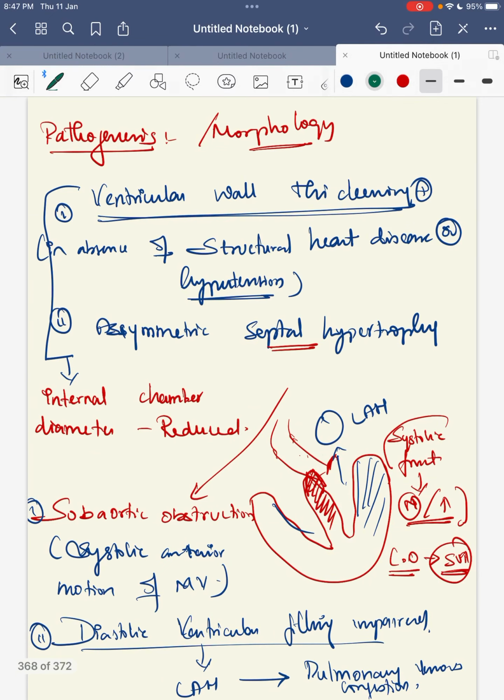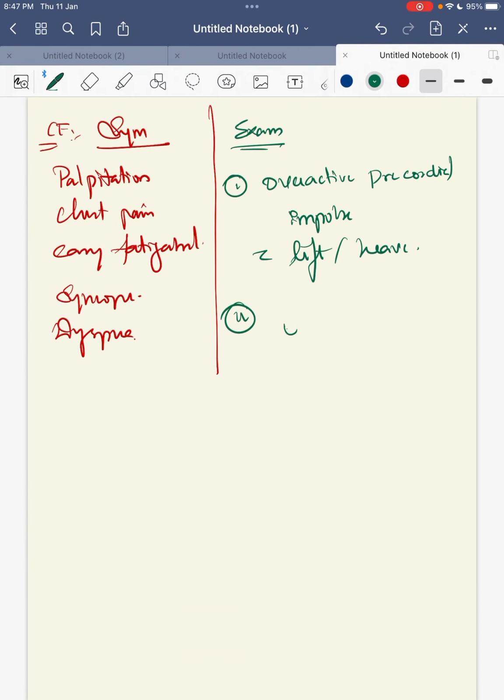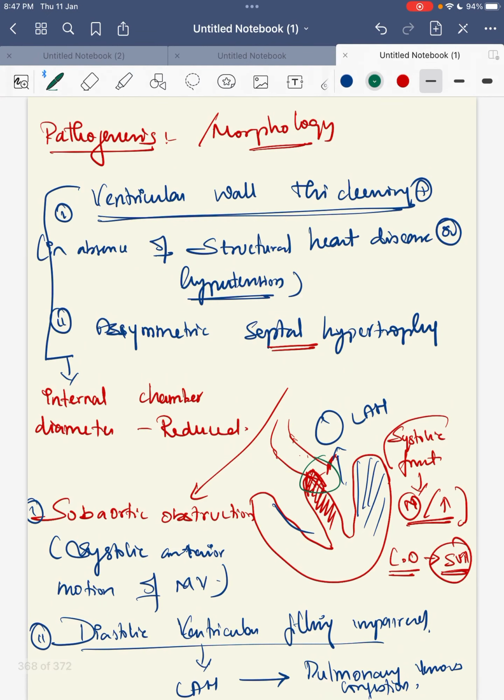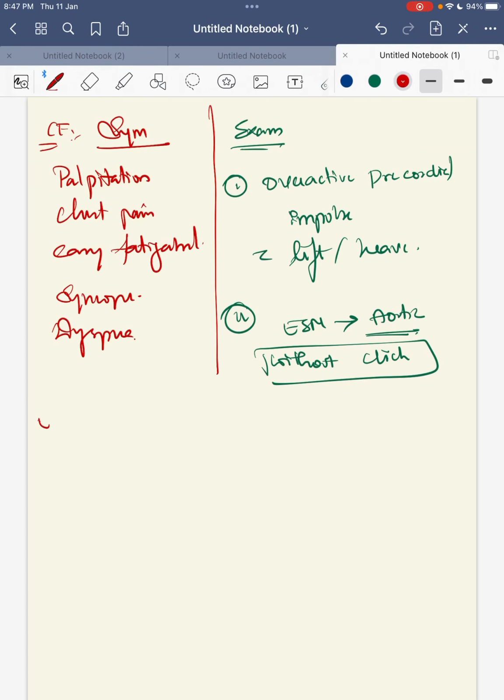Okay, next, since there is a subaortic obstruction, there will be an ejection systolic murmur in the aortic region without click. Okay. Sometimes a mid diastolic murmur can be present here because of MS. Okay, I mean not definite MS, but it can have that.